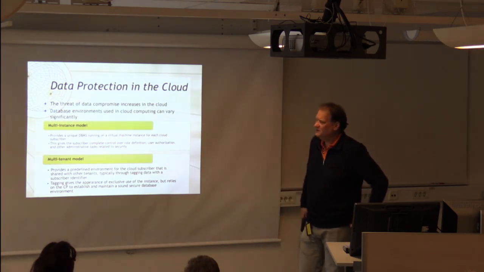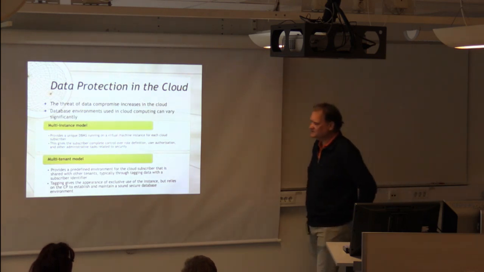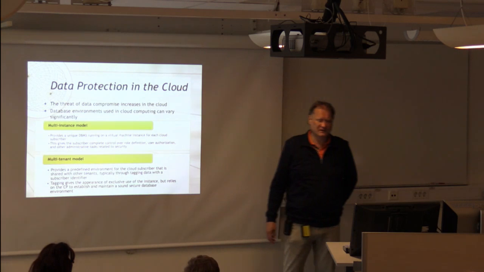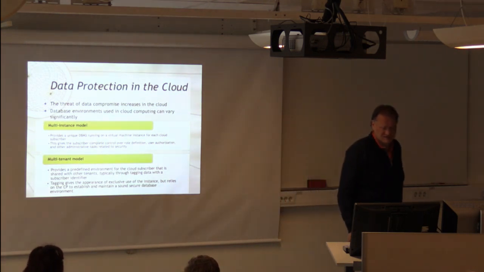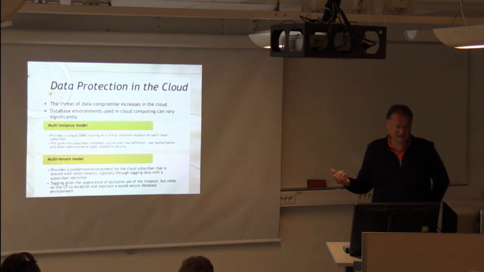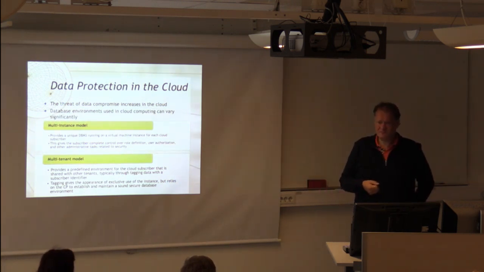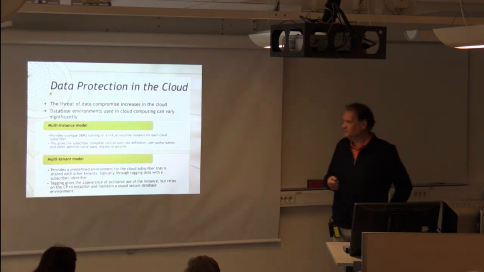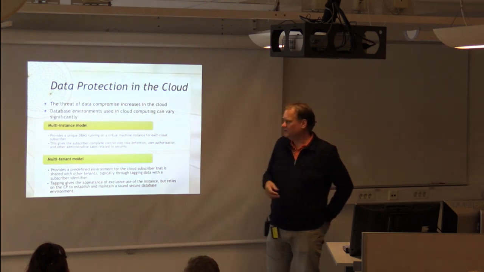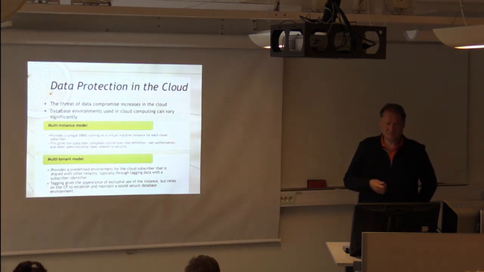There are different models for cloud, as I said. We have what is called a multi-instance model, and we have a multi-tenant model. That is how we build the virtualization, you can say. So think now that we have our data in a database, and that database is run by a cloud provider. In a multi-instance model, as you see, we are running a unique database management system for each client.